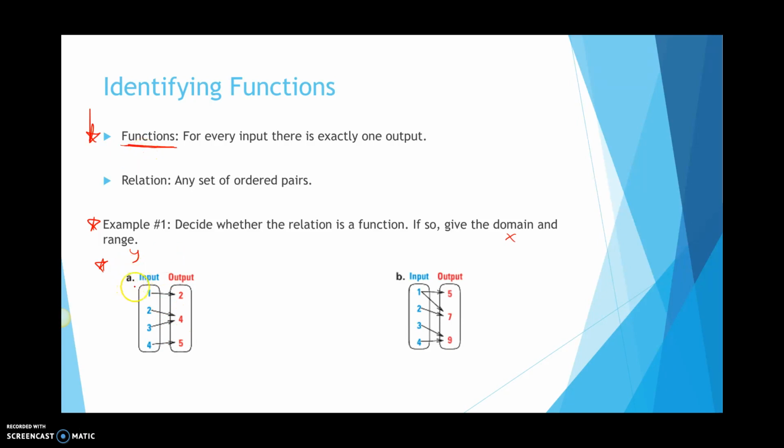So if we look at A here, for every input, is there exactly one output? And if you look at this, there is. So we would say, yes, this is a function. And then you could say for every input, there's exactly one output.